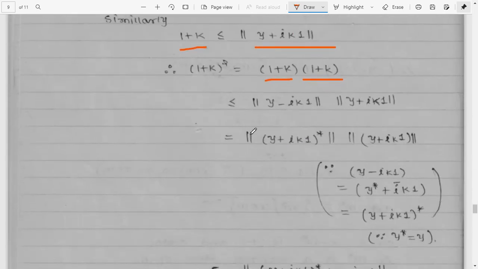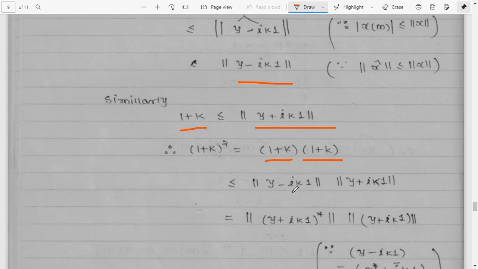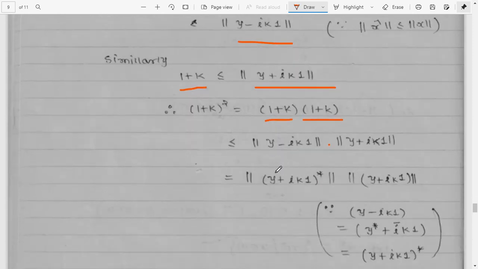So it is less than or equal to norm of y minus ik·1 into norm of y plus ik·1.